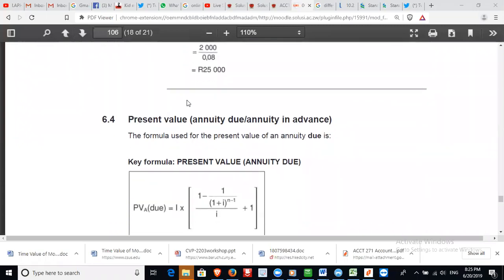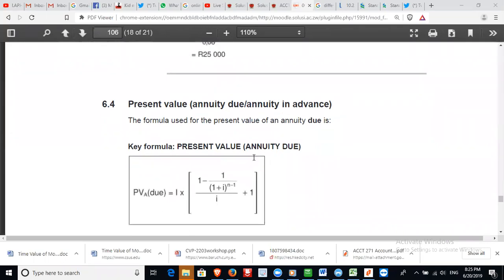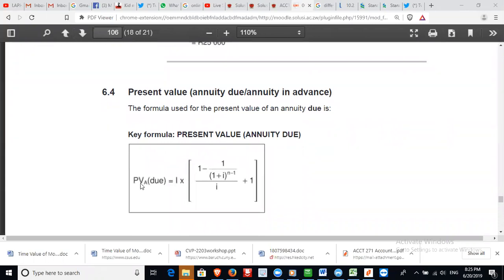Then we've got our PV annuity due. The formula is PV A, that is brackets for PV. Some texts you find it written AD, that is for annuity due, is equal to I multiplied by 1 minus 1 over 1 plus I, n minus 1, plus 1 over I. So you need to calculate items that relate to this.